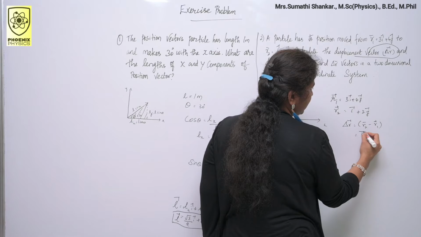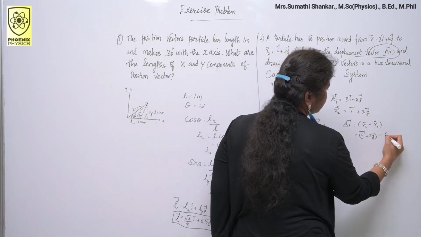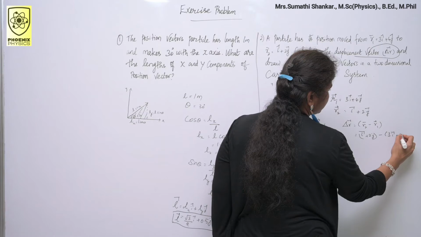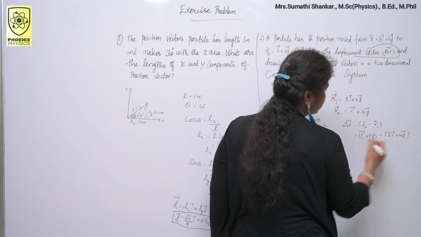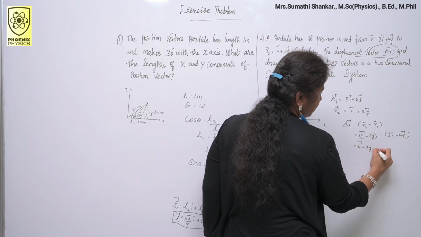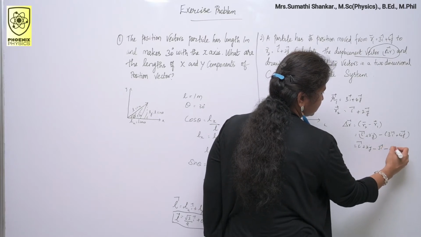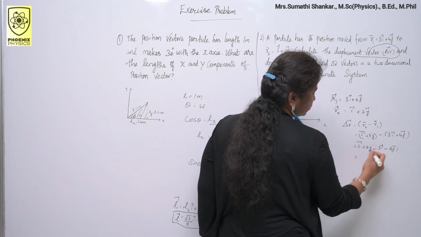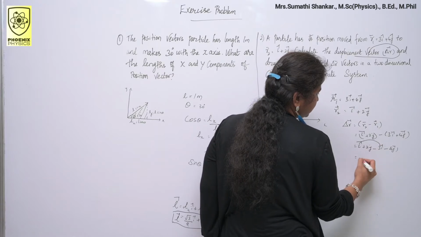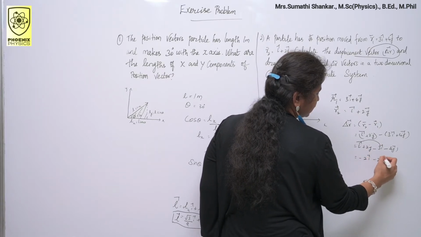That is i vector plus 2j vector minus 3i vector minus 4j vector. So your answer is minus 2i vector minus 2j vector.